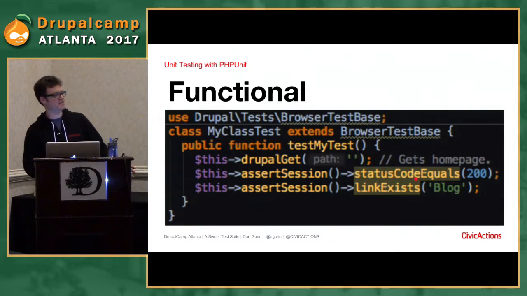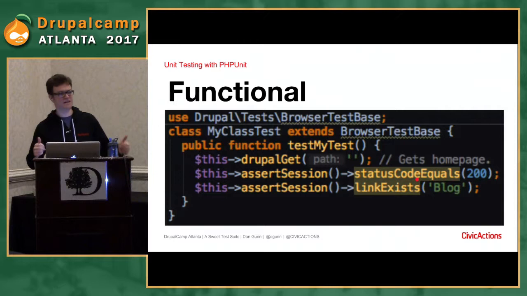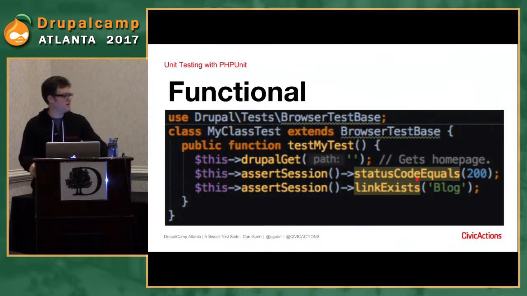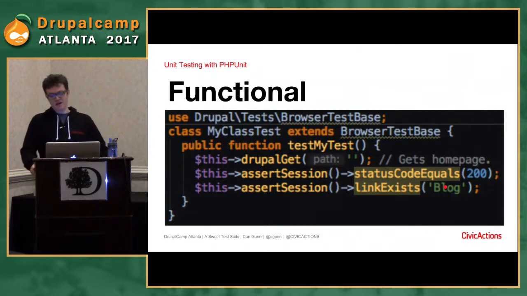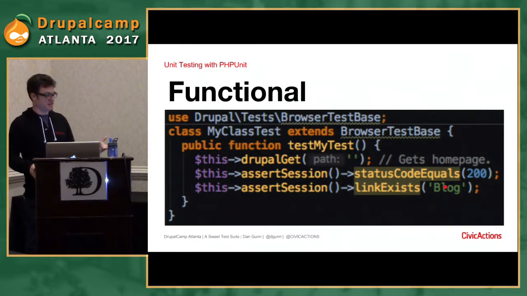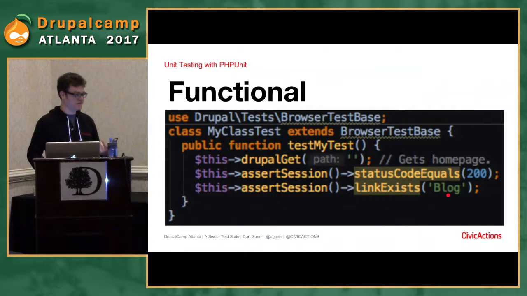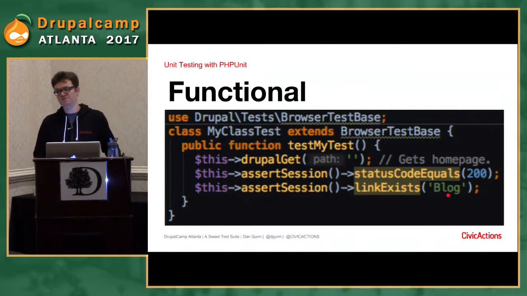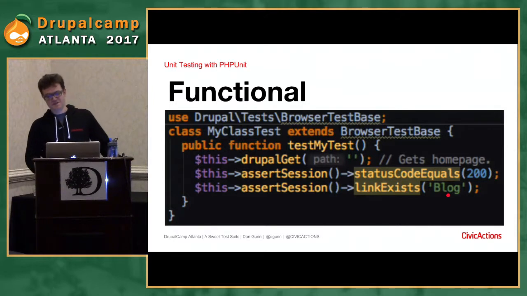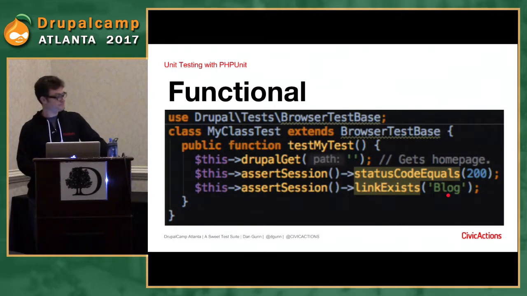One of them is status code equals 200, which means OK. And here we're just asserting that a link exists with the name blog. And note that that's the human readable label for blog. So you don't have to use machine names for stuff like this.